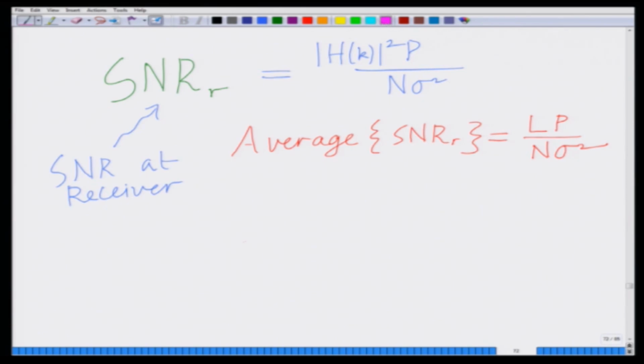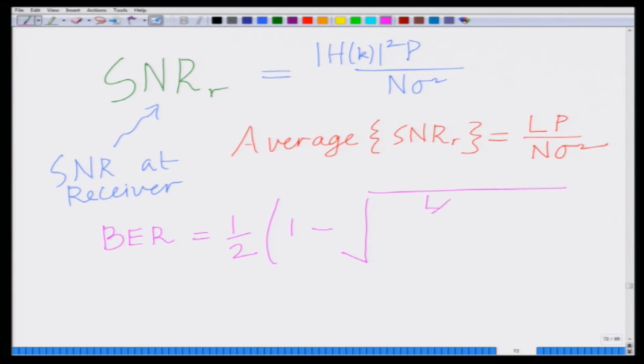Therefore, since the channel is Rayleigh fading, the bit error rate for BPSK transmission is half times 1 minus the square root of average received SNR divided by 2 plus received SNR.